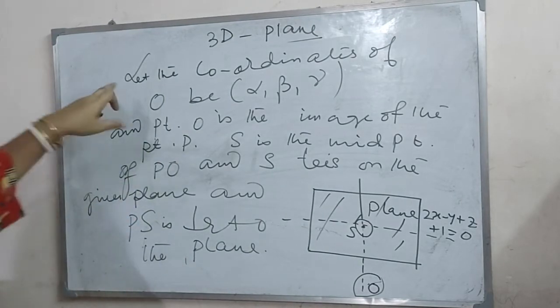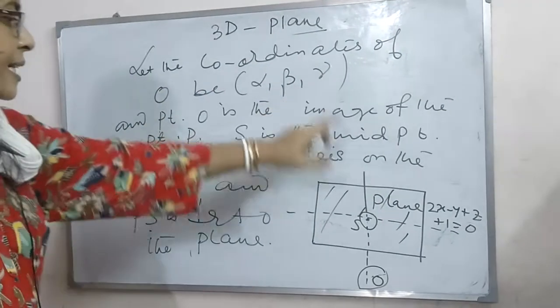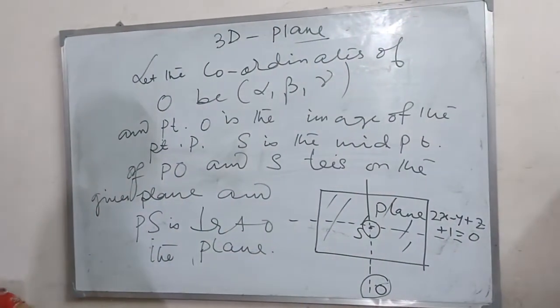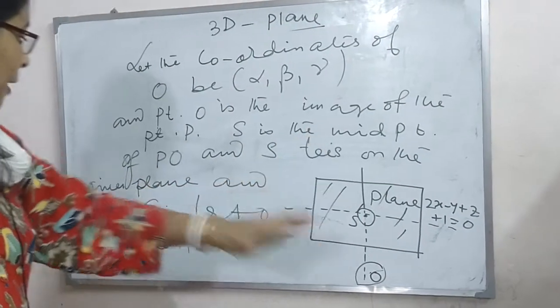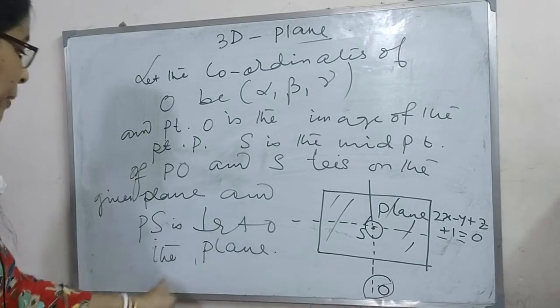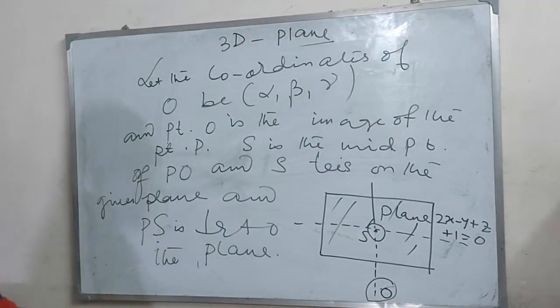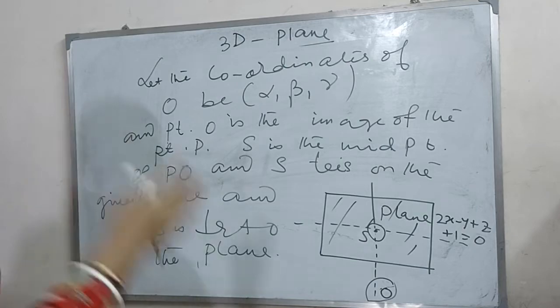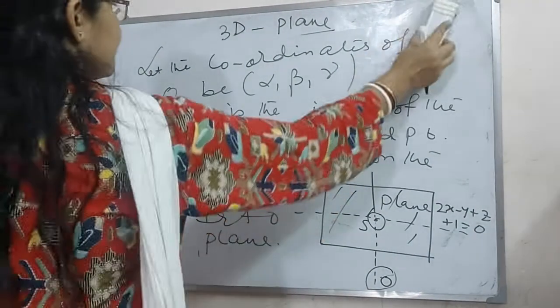I have written, let the coordinates of O be alpha, beta, gamma. O is the image of P, S is the midpoint of OP. S lies on the plane and PS is perpendicular to the plane. With this basic concept, I will get the required portion.